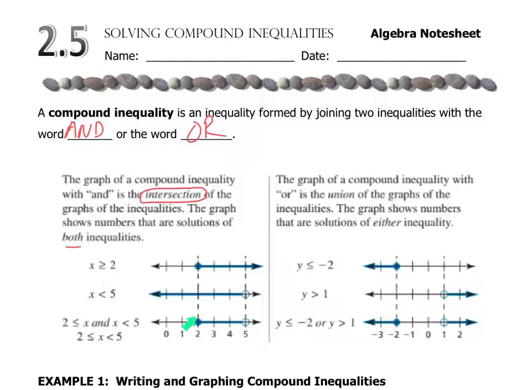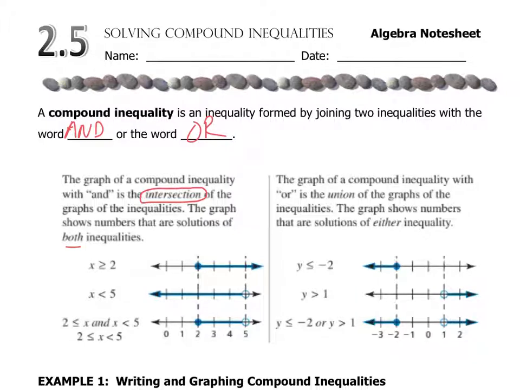Because these points up top include this point and this point, that's why it's continued down as a solid. But notice this point, which was the number 5: the open circle means that 5 is not included, so I can't include it down here, and that's why that one's open. So intersection means it's in the solution set for both inequalities separately.